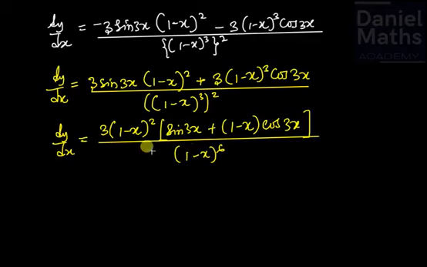So if we move on from there, we can simplify this to give us dy over dx. Here we can get rid of this, since this is common, so this goes here, and what we have left is 1 minus x raised to the power 4.